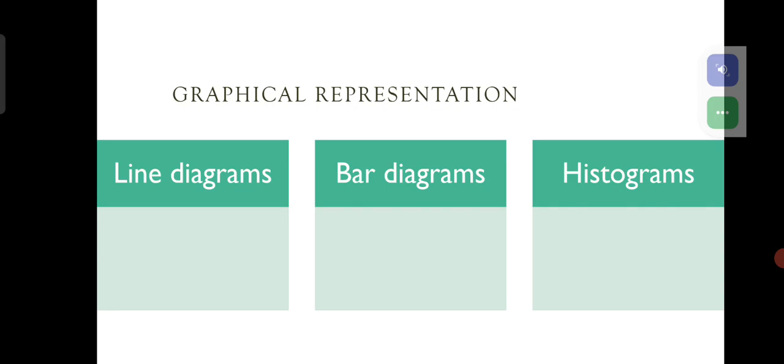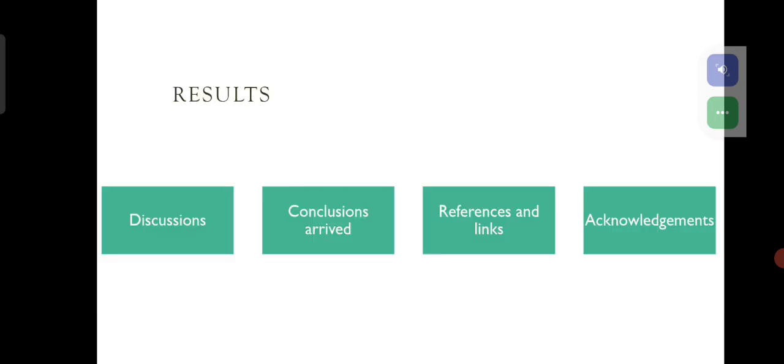This should reflect everything, all the components, all the parameters which you have taken for the study. So you can use line diagrams, bar diagrams, histograms, like that. And ultimately the results should be tabulated. This is very important, tabulation of the result. Make a tabular column and try to insert the result depending on the parameters.